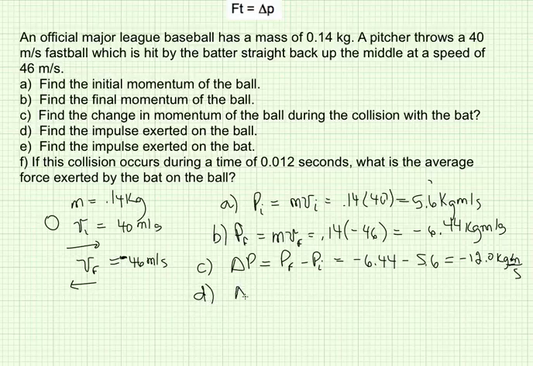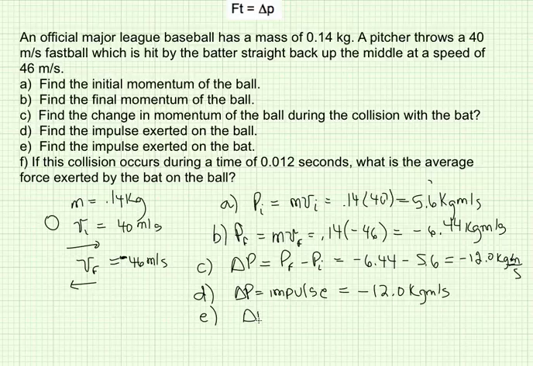Now for part D, it says find the impulse exerted. Remember, the change in momentum equals the impulse. That means that the ball experienced an impulse of negative 12.0 kilogram meters per second. Now for part E, it says, what's the impulse exerted on the bat?